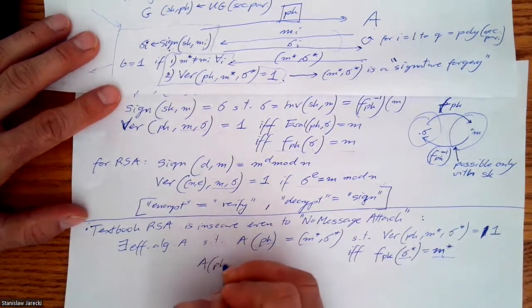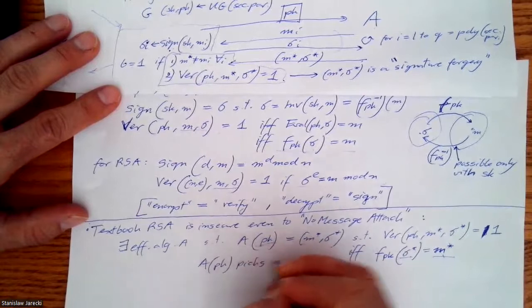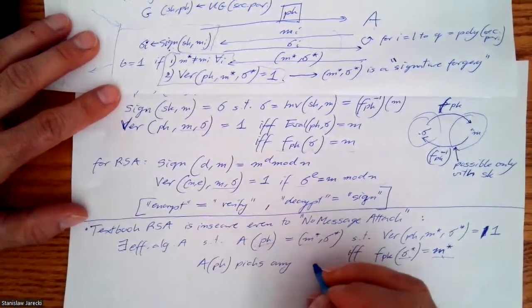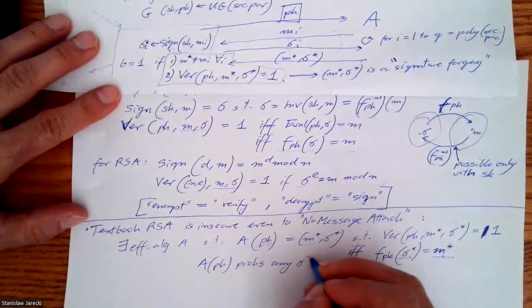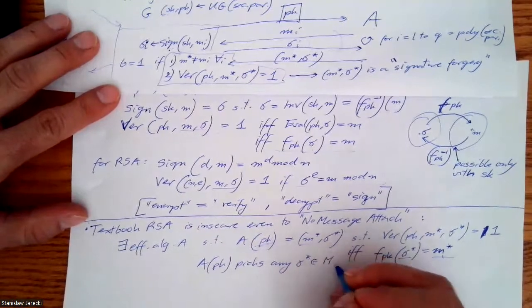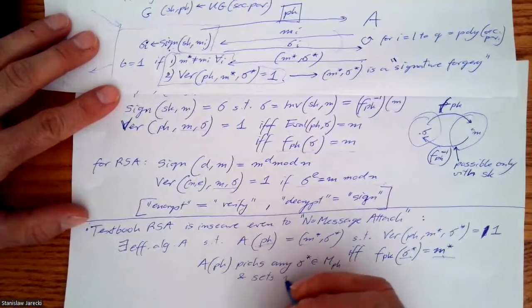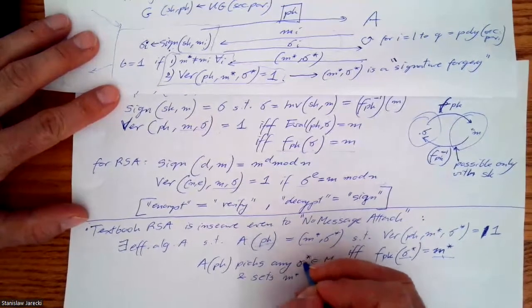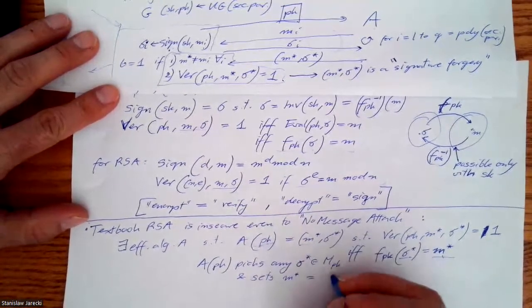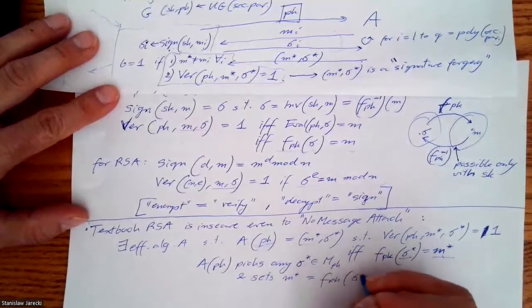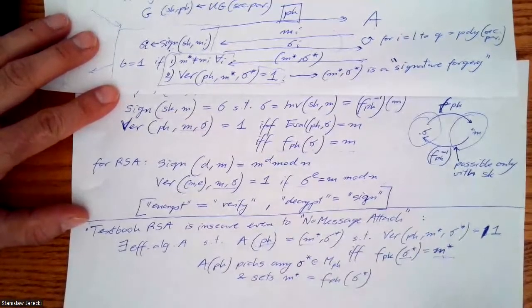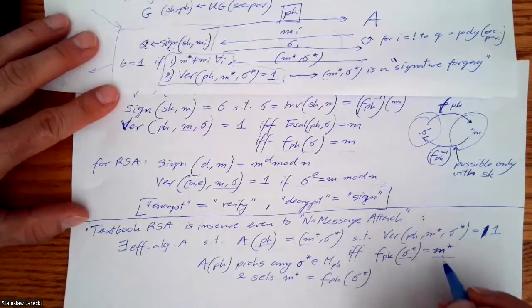A, on PK, picks any sigma in the message space and sets M to be F_PK of sigma. And voila, he's done.